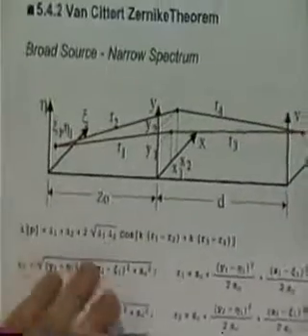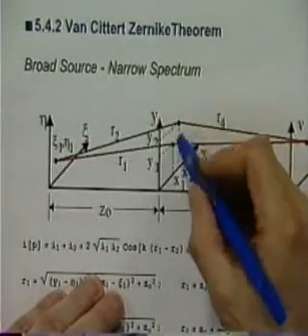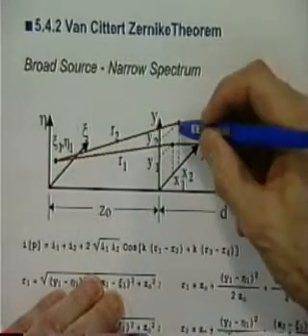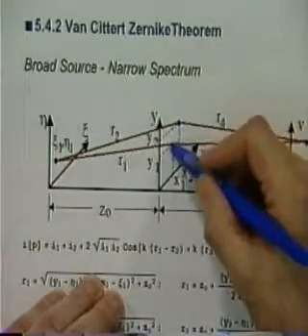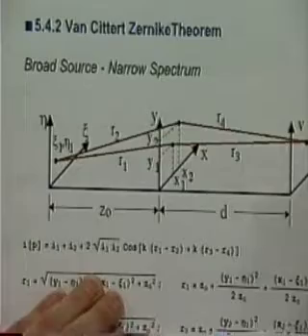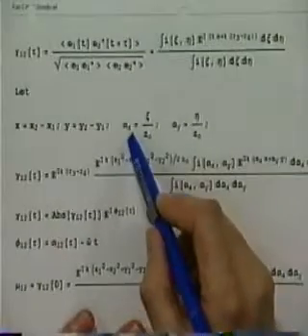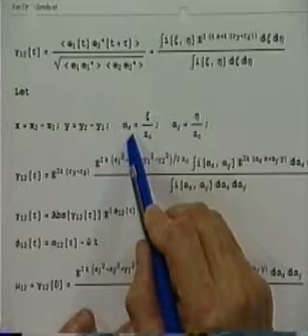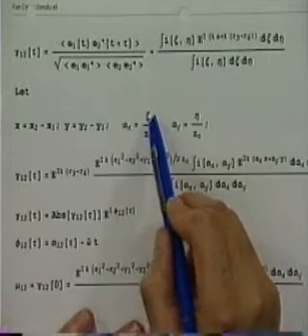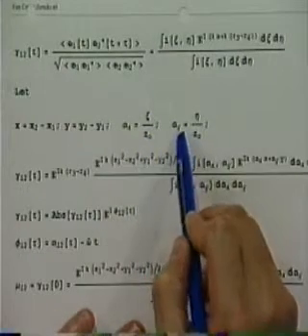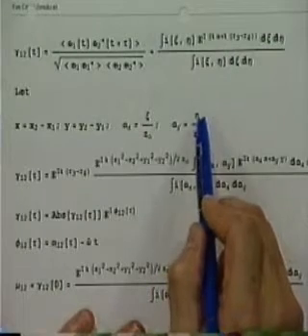So that's the difference between the x coordinates and the y coordinates of these 2 points. Okay? And let alpha sub x be equal to squiggle over z naught, alpha sub y be equal to eta over z naught.